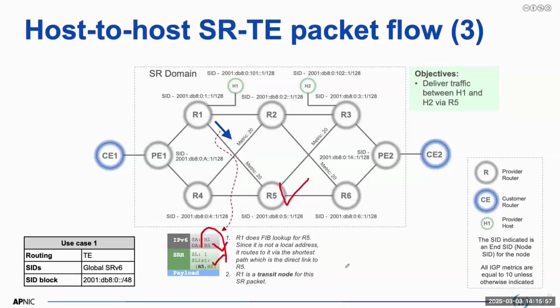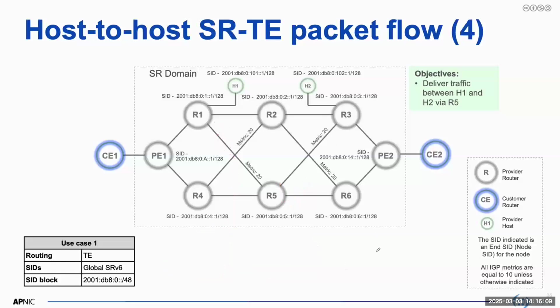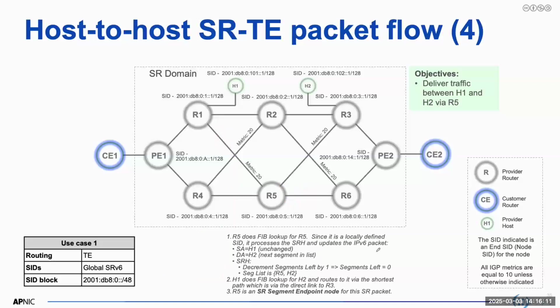Then it will look up how it can reach H2, and based on the metric we have specified here, it will forward the packet to R3. These are the different operations that R5 will do, and it will forward the packet towards R3 after doing them.